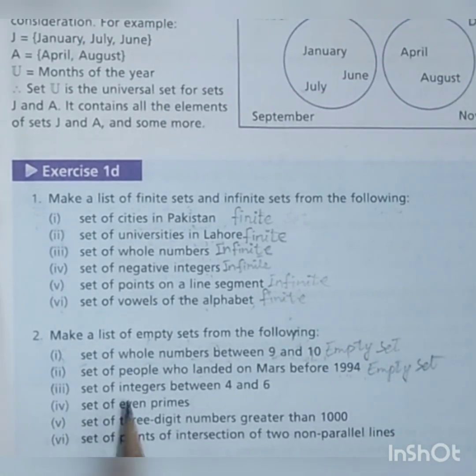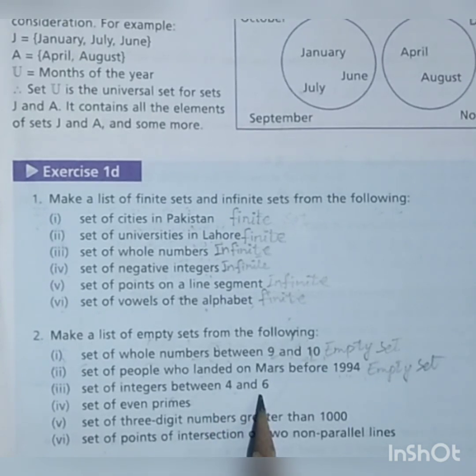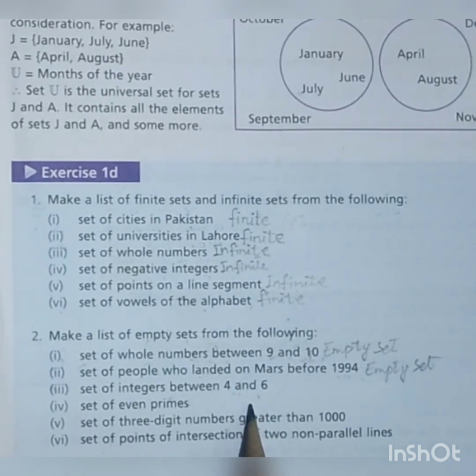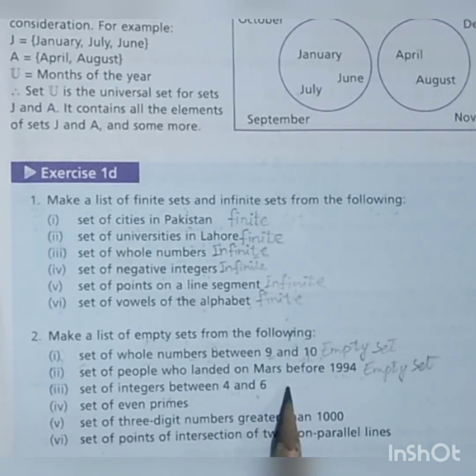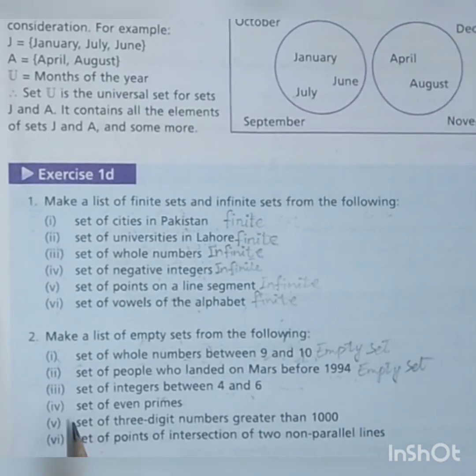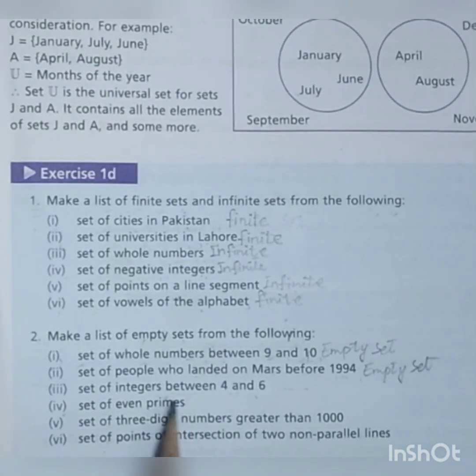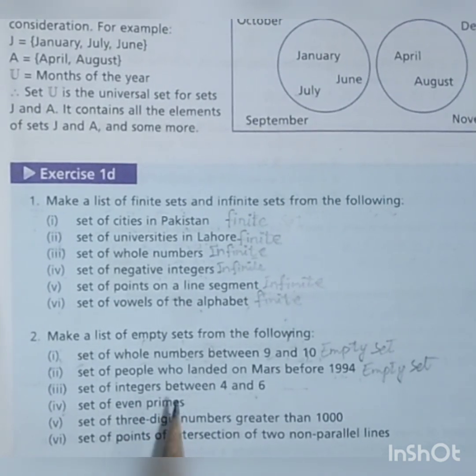Third part is set of integers between 4 and 6. So between 4 and 6, there exists an integer which is 5. So integer 5 makes a set with 1 element. It is not an empty set, so we will not write here empty set. Part number 4 is set of even primes. Students, set of even primes consists of elements and it is not an empty set.